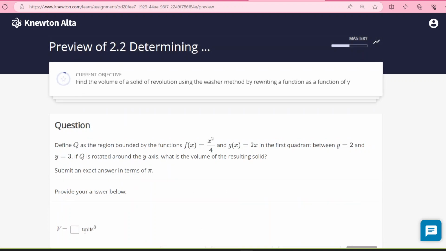Okay, so another one, we're finding the volume of a thing where we're rotating around the y-axis yet again. So just like last time, I'm going to just draw the region, set up the integral, and if it's something I can do in Desmos, if it's something that's going to be rational, I'll put it in Desmos.